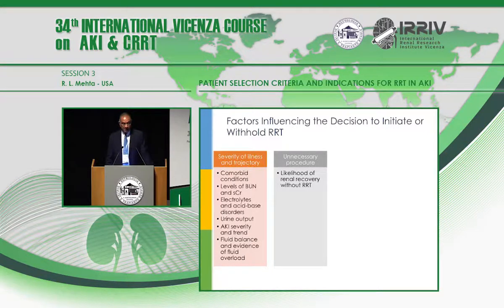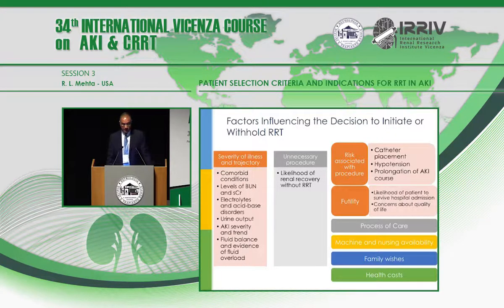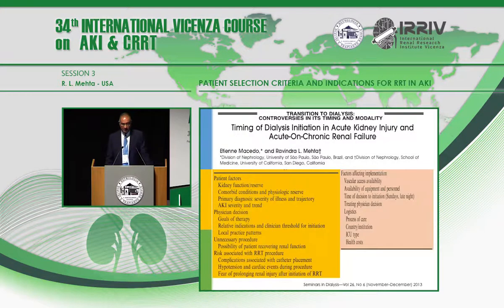Probably also that you weigh in the balance whether there's going to be a likelihood of renal functional recovery in these patients, the risk associated with the procedures, and then also the possibility that the process of care may be futile, and all the other elements which come into play. If you were to put all these parameters together, this is what we are doing on a daily basis intuitively. We don't have a scorecard. We don't have a way to quantify these things currently.